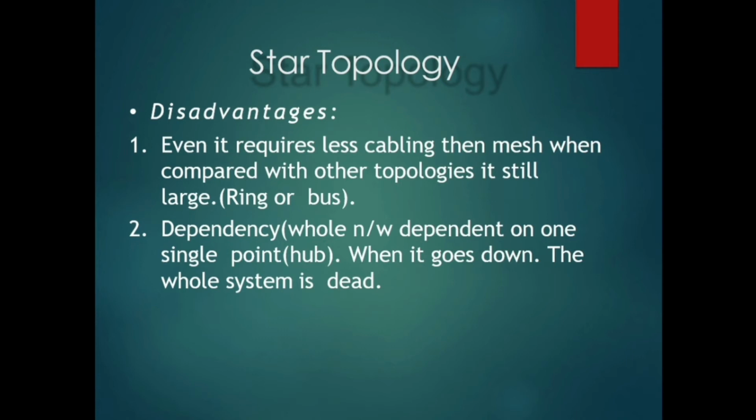All the connected computers, laptops, mobile phones or other devices are dependent on one single point. When it goes down, the whole system is dead. This is the main disadvantage of star topology.